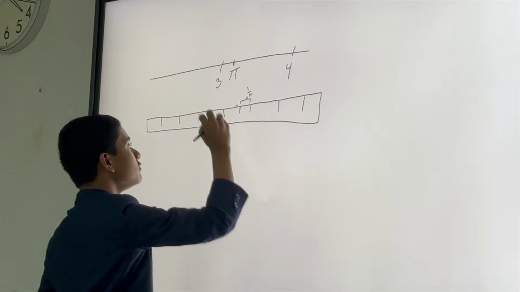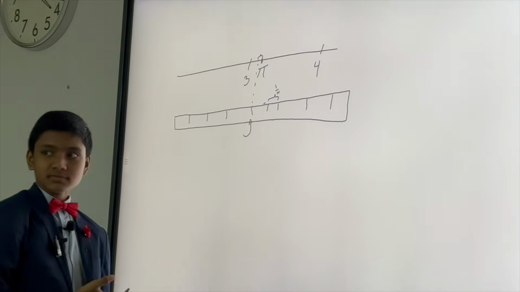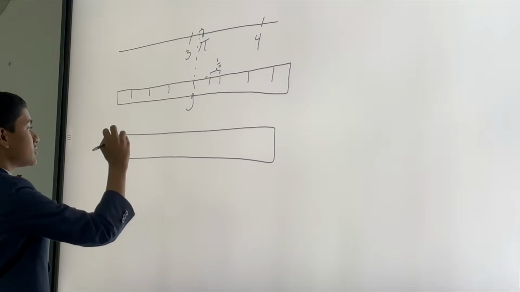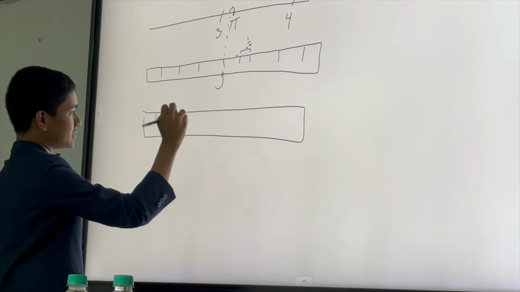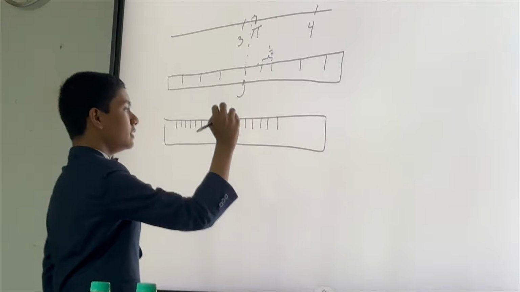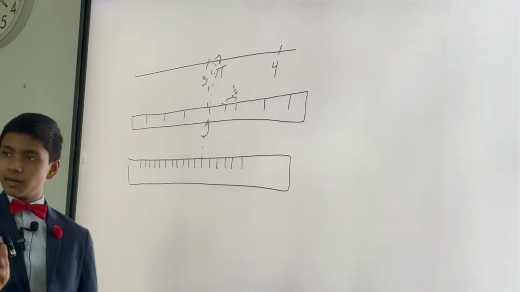And the mark you do choose is going to be very far off in terms of accuracy. But increase the denominator, increase the number of marks on the ruler, well, it's technically infinite, but increase the density of the marks, and it's guaranteed that you'll find a closer approximation at some point.